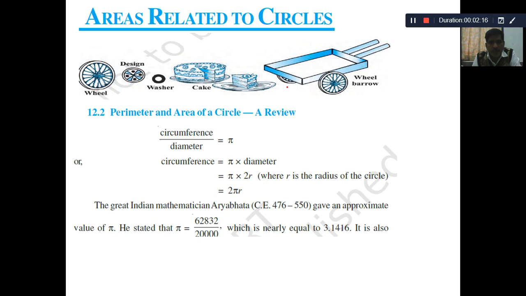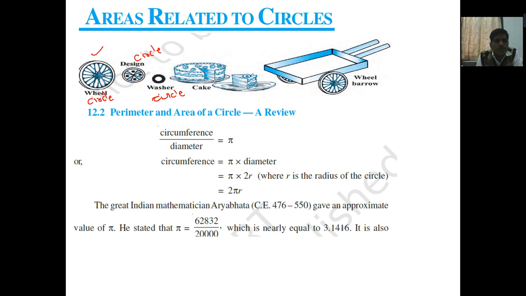If you see the figures, these are all text based figures. Here it is a circle. Again here it is a design, it is also a circle. Again here it is a circle. Again a cake, it is a circle. But if I make a piece of it, we can say it is a sector.